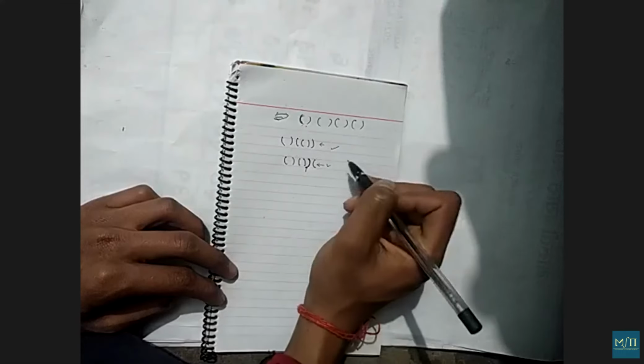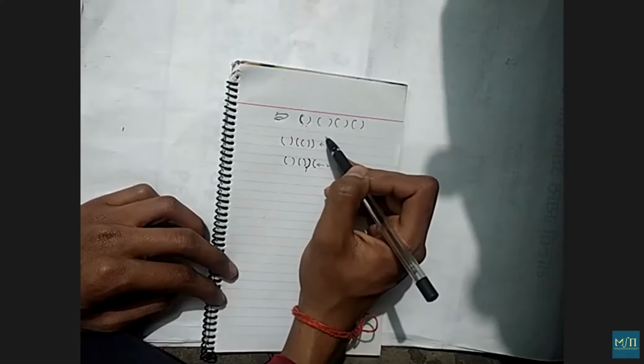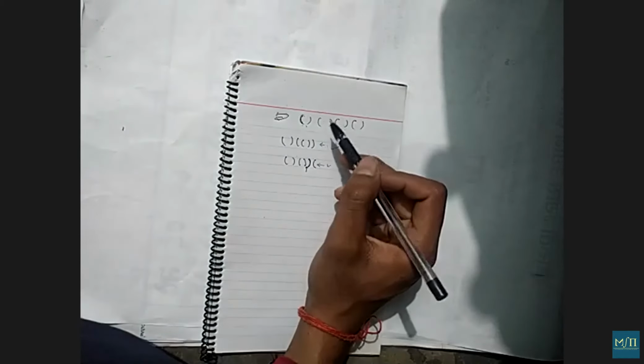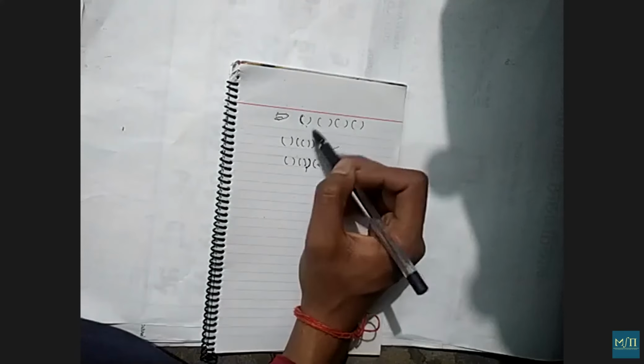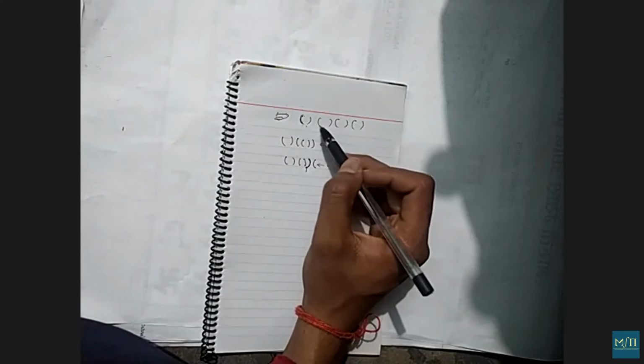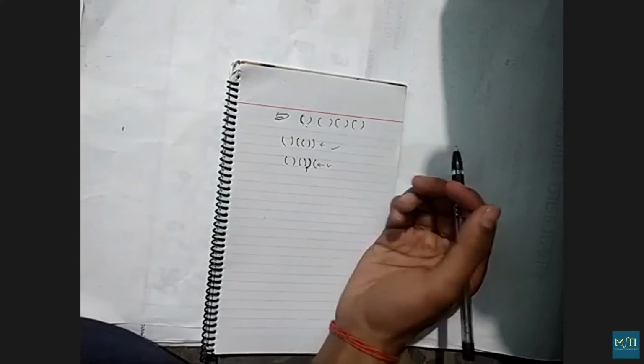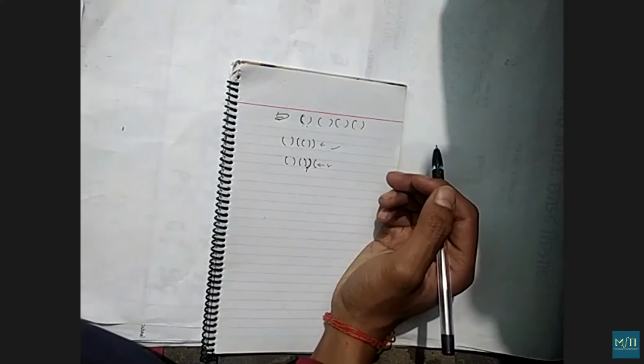So how many arrangements are possible where these parentheses are validly arranged? This is the second scenario. There is one more scenario, in fact. Let me present that one.